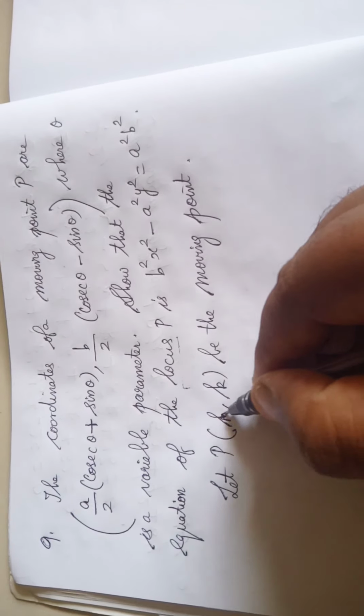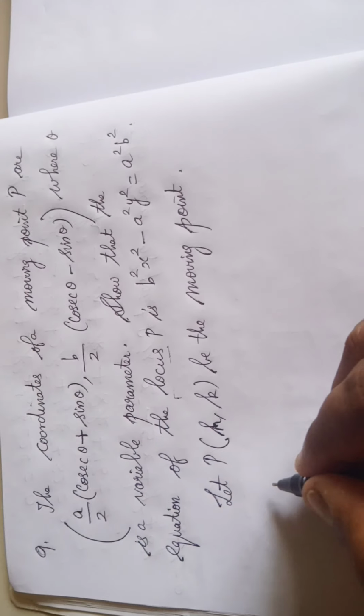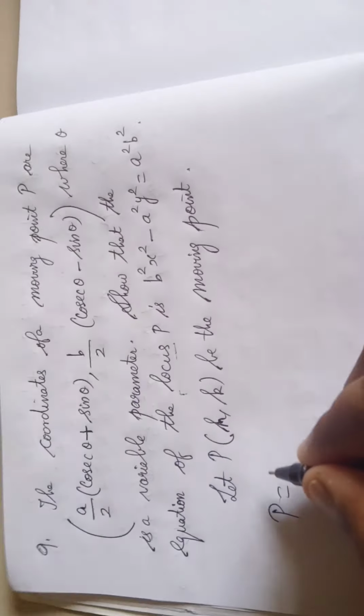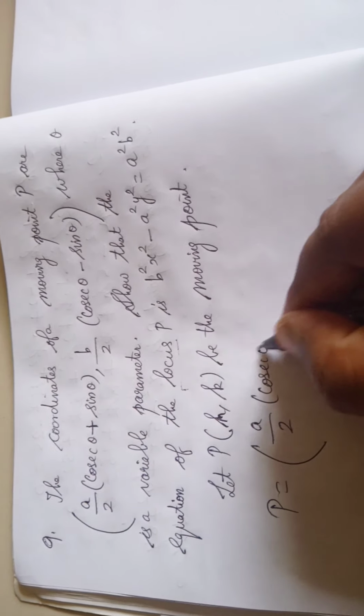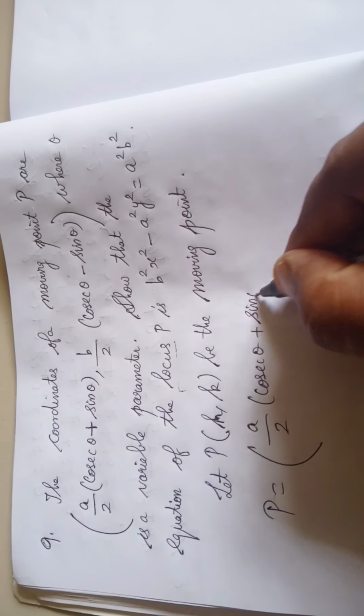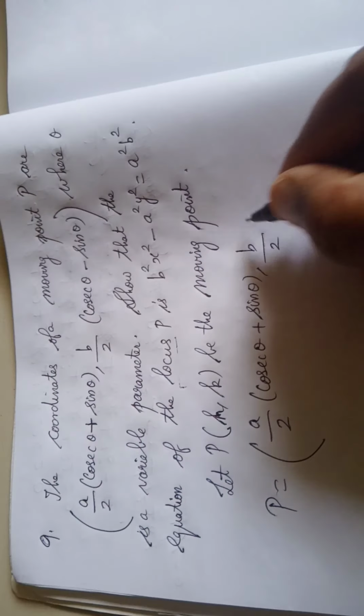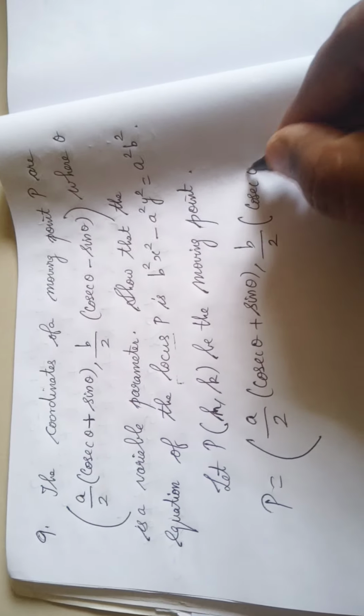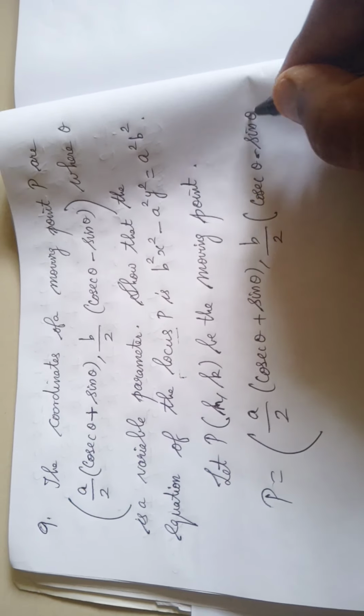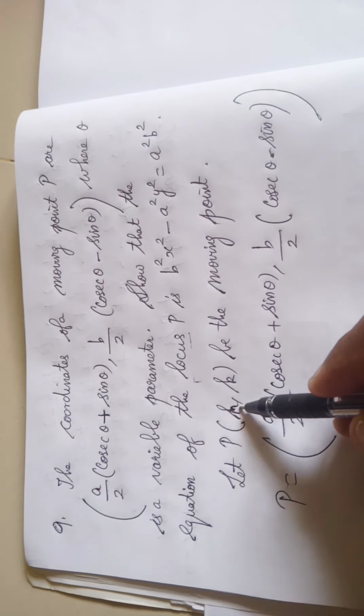Now the given is P = ((a/2)(cosec θ + sin θ), (b/2)(cosec θ − sin θ)). So h, k: h is this one and k is this one.